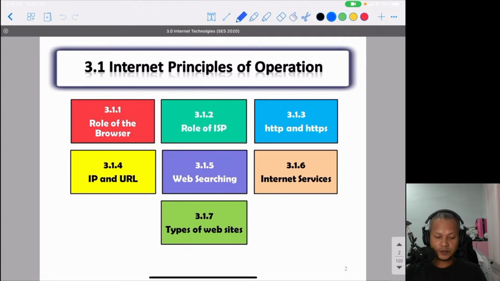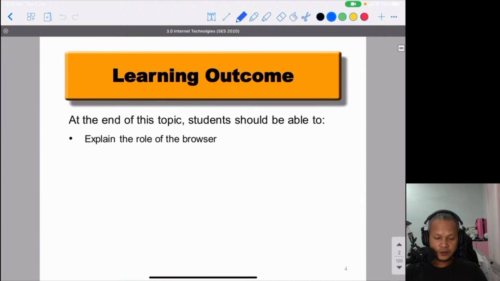I think you still remember the role of a browser, the function of a browser, the example, the role of ISP, internet service provider, HTTP, and then what is the difference between HTTP and HTTPS, and then IP and URL, what is the difference and similarity, and how these things operate. For searching, we have two types, subject directory and search engine, and then internet service, and types of website.